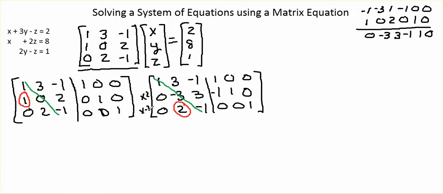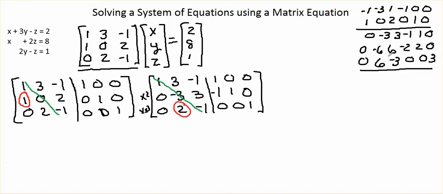And if we multiply the middle row by a 2, we get 0, -6, 6, -2, 2, and 0. And our bottom row by a -3, 0. Ooh, let's change that to a +3. 0, 6, -3, 0, 0, 3.